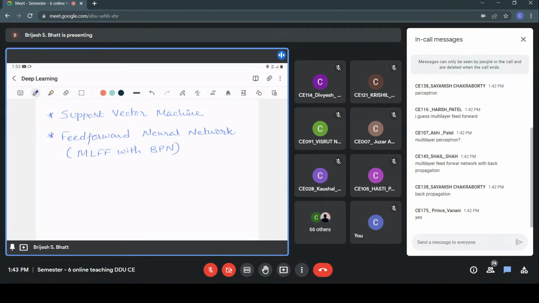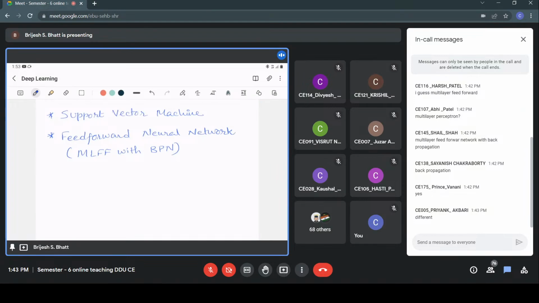So can you solve the same problem using SVM and feed-forward neural networks also? Or are these two completely different models made for different purposes to solve different problems? So are these two models competing in terms of their applicability? SVM and multi-layered feed-forward network, I'm asking between these.